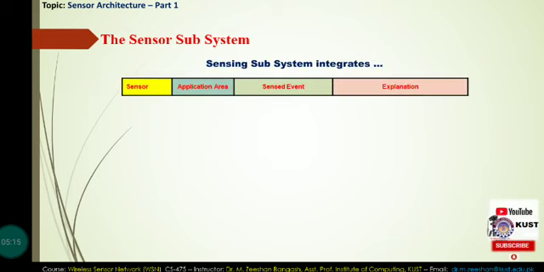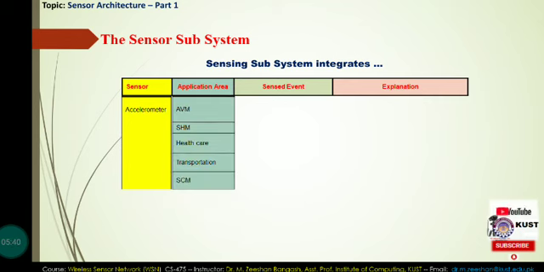Sensing and the microelectronics that are involved: there are different sensors available in the market at very cheap prices. Some of the sensors available in the market are shown in the slide.